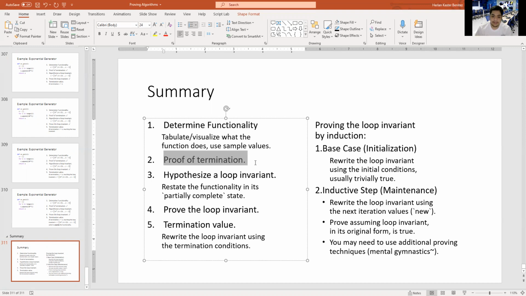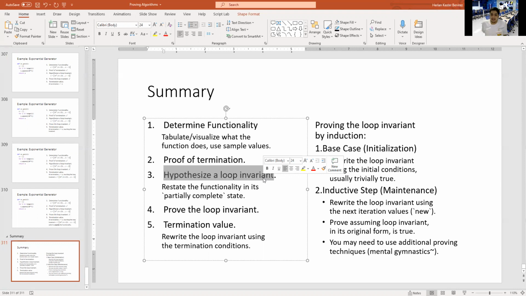So next, of course, is yung proof termination. Medyo arbitrary naman to and pang sort of optional na. Pero if you want to be more formal, dinadagdag natin siya. And then number 3 is hypothesize a loop invariant. So before, ang ginamit kong term is determine a loop invariant.